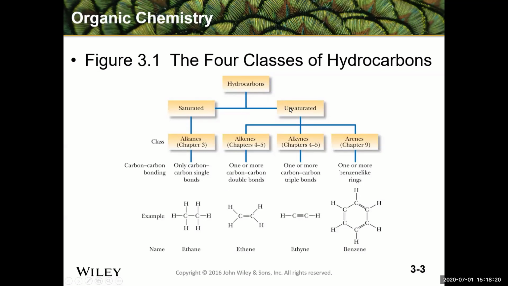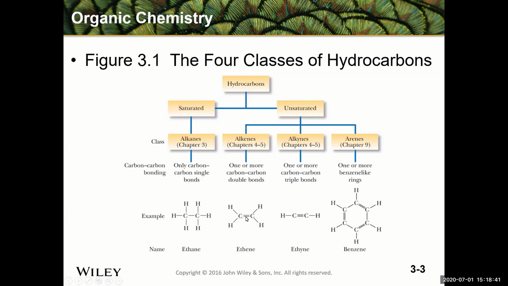The other class of hydrocarbons is unsaturated hydrocarbons. Unsaturated hydrocarbons contain alkenes. Alkenes contain 1 carbon-carbon double bond or more. So here's a structure of a simple alkene, ethene.